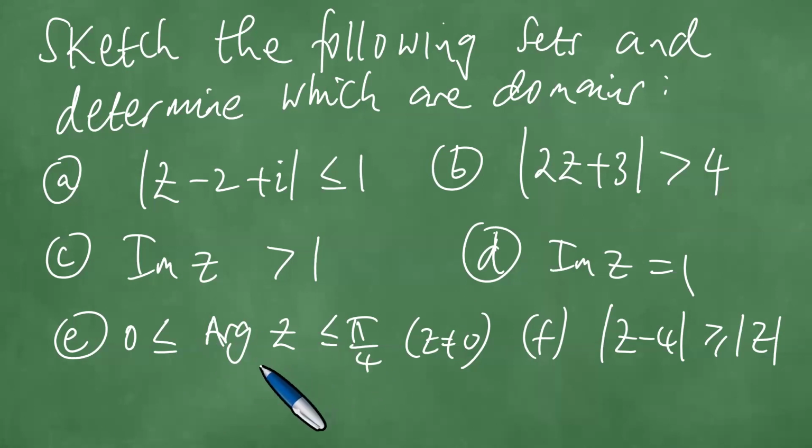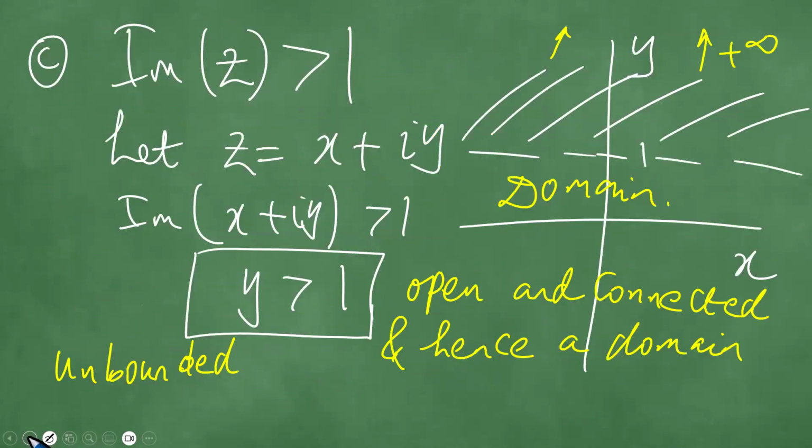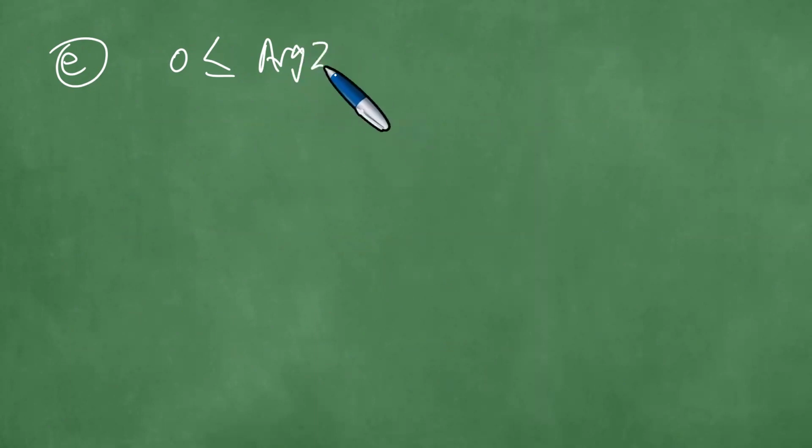So now the argument of Z, which is the principal argument with capital A, 0 less or equal to the argument of Z. Strictly speaking, it must be a small letter.